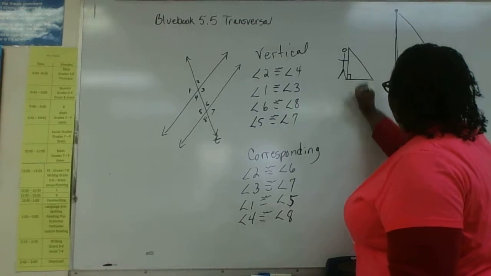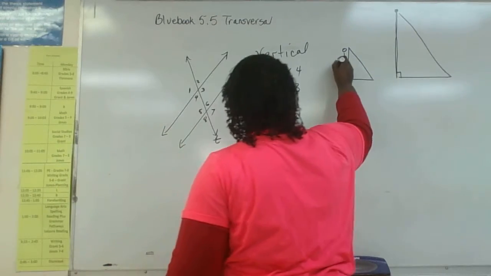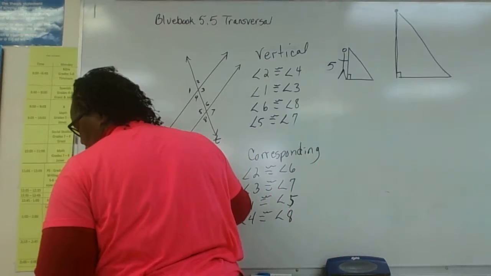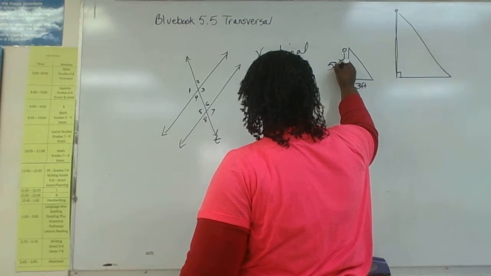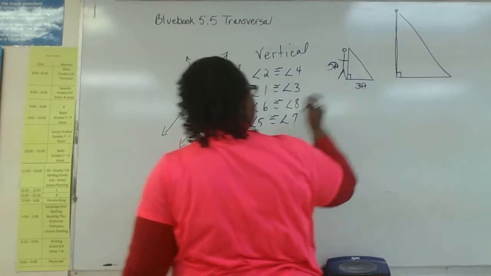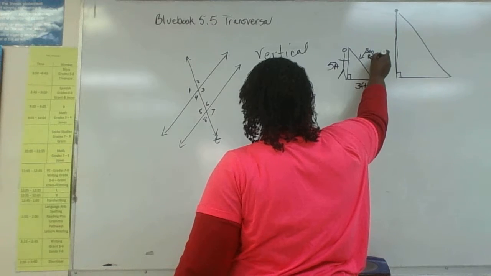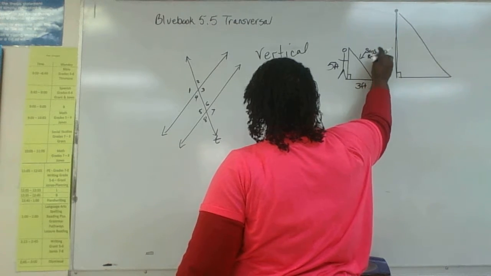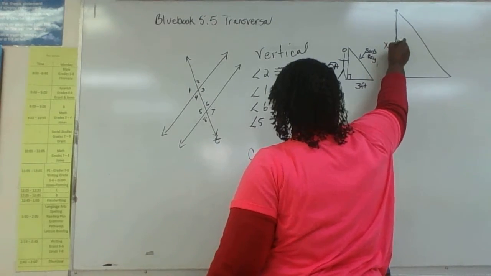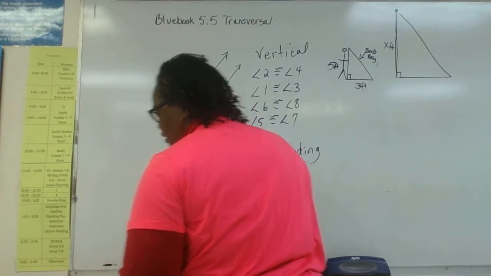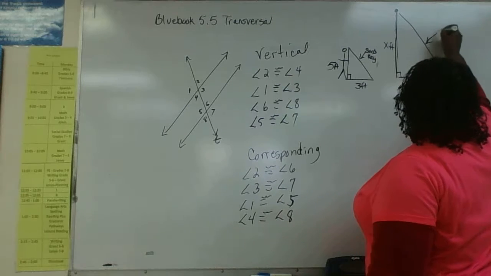Now, according to our diagram, it says that the young man is 5 feet. The shadow is 3 feet. And this is the sun's ray. Now, the flagpole is X feet. Its shadow is 36 feet, and this is the sun's ray.